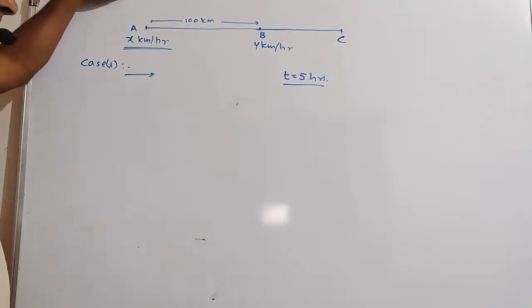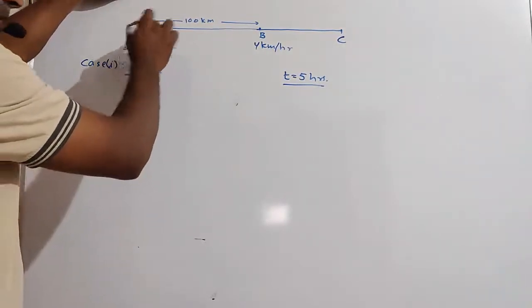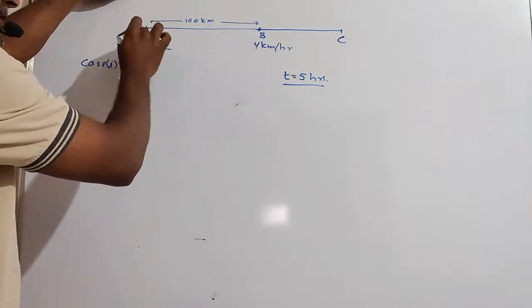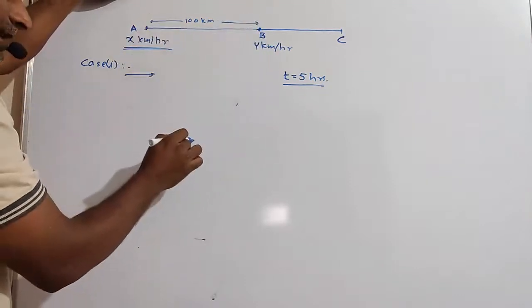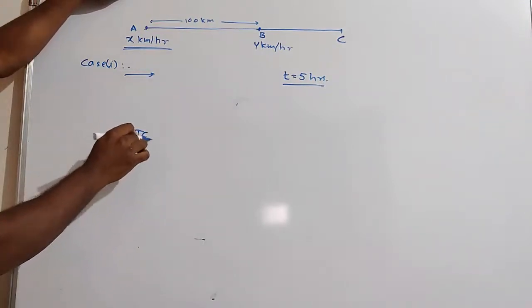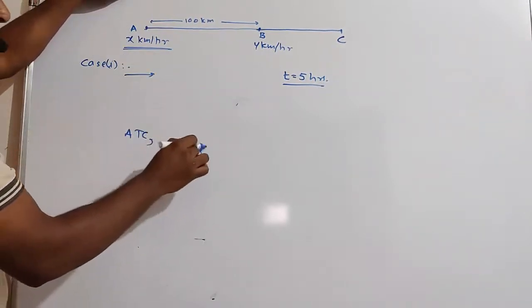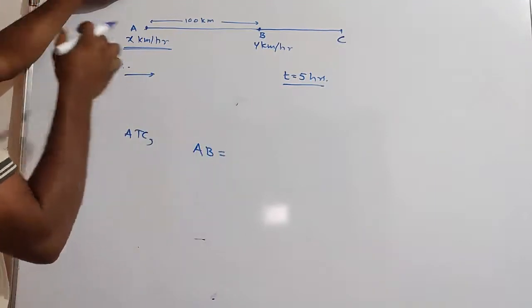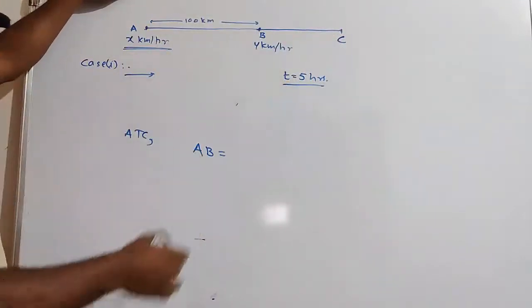So here, distance AB according to the condition is equal to distance AC minus BC.